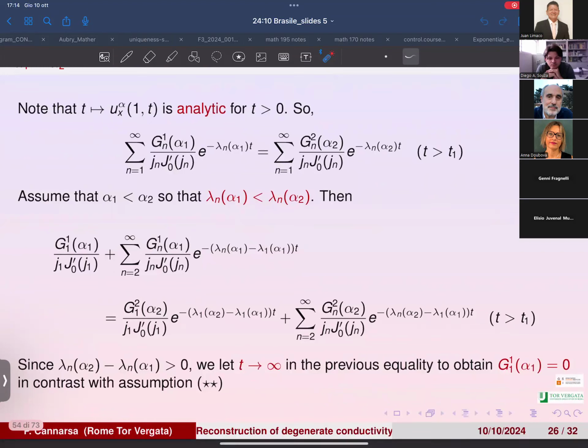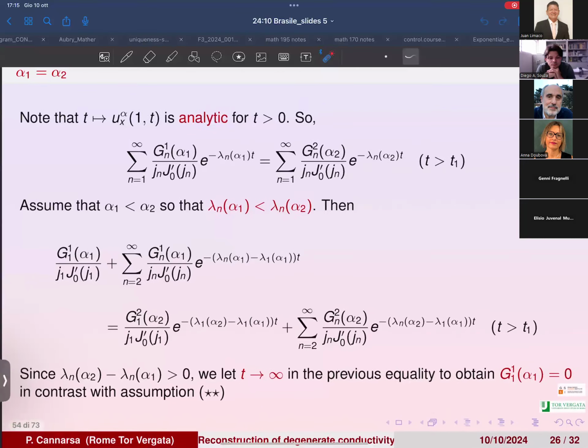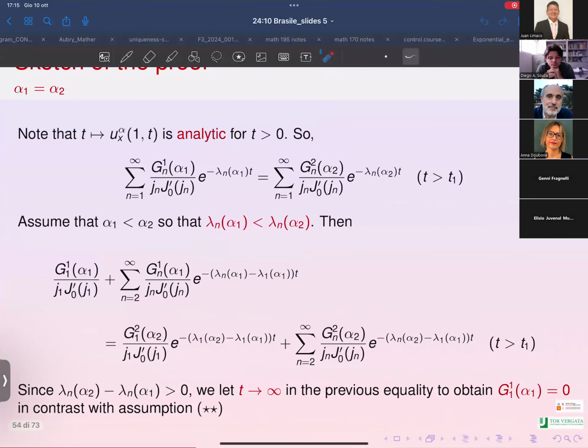Suppose they are different, the two alphas are different. One is smaller than the other, alpha 1 is smaller than alpha 2, and then from this inequality, you deduce that the eigenvalues also respect the same order for each n. Then from this identity, we single out the first term in the first series, and then we have all the other terms in the right-hand side.